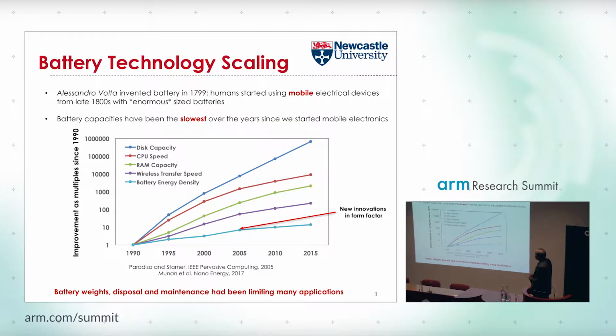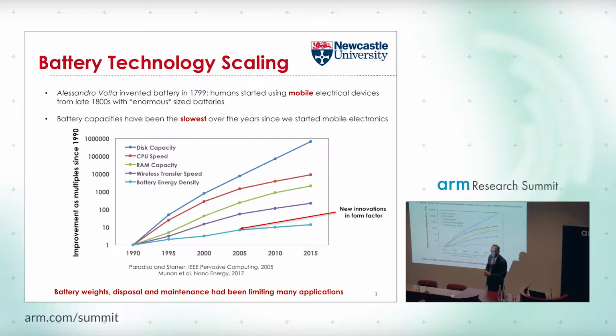Right, CPU speed. Unfortunately, it did pick up in the beginning very well, but it didn't pick up as well as the disk capacity. Everybody knows why, because dark silicon, power densities and everything came into play, and we started the tradition of doing parallel computing instead of single CPU, high-speed computing.